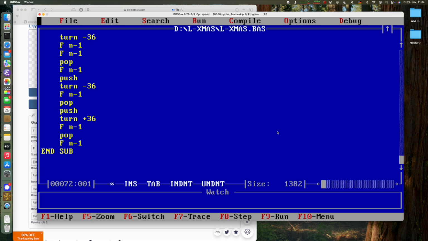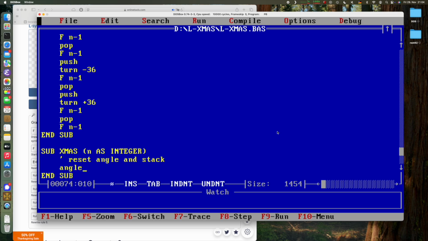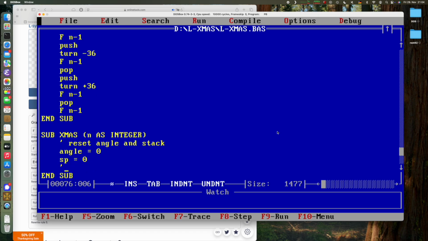Then we need the axiom, the start, basically. I call this XMas. And it gets the maximum iterations as an integer. The higher the number, the more detailed, but also the slower everything will get. And since we're drawing many trees, we have to reset the angle and stack pointer. So angle is reset to 0 and stack pointer is reset to 0.